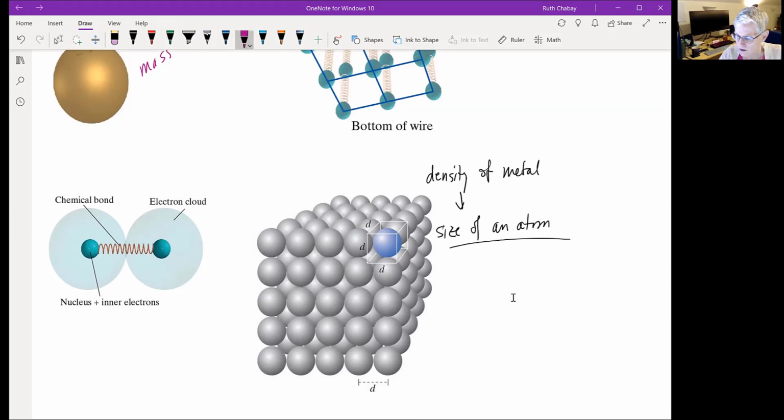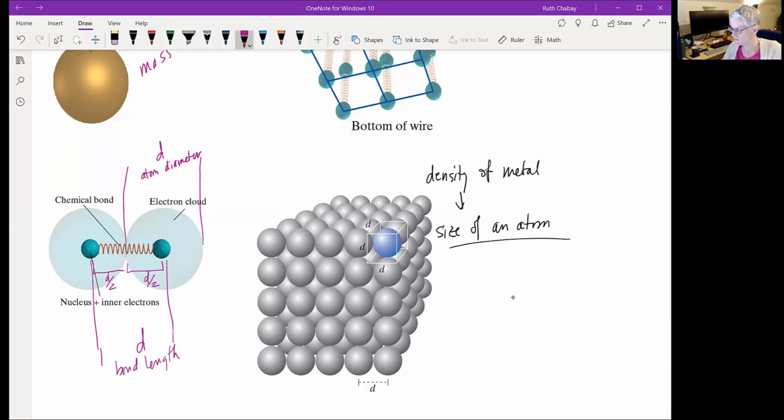So if we look here, this distance is d, the atomic diameter. And this distance is d over 2, the radius. This distance is d over 2, the radius. So the length of the bond is equal to the diameter of an atom in this array, right? Okay, is that clear what we're doing?